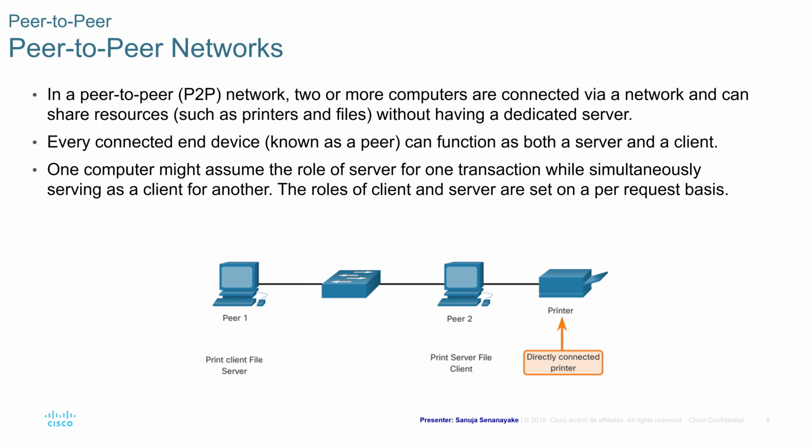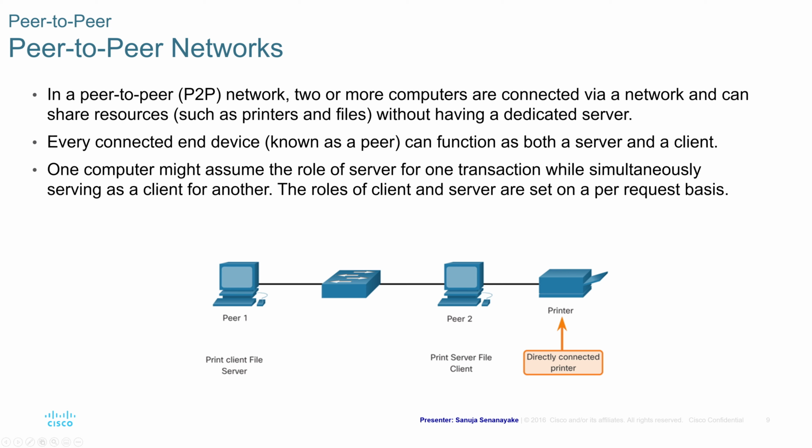So in here, peer 1 can act as a client and the server at the same time. The roles of client and server are set on a peer request basis. So that's what makes it a peer-to-peer network.